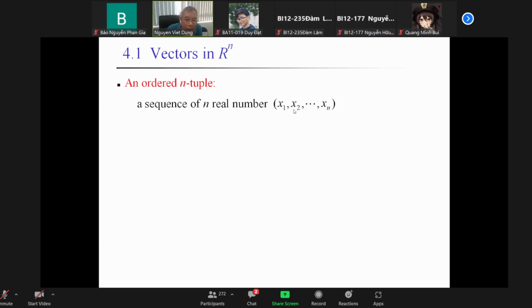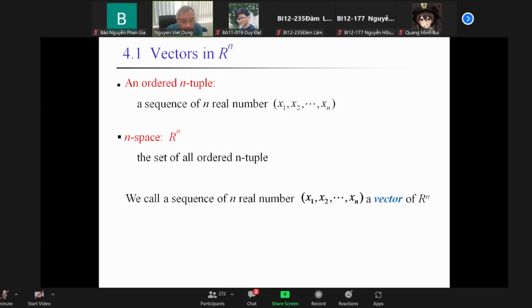If you exchange x1 here and x2 there, you get another sequence, so that is two different sequences. That is an ordered n-tuple. And the n space, I denote it A to the power n. That is the set of all ordered n-tuples, the set of all sequences of n real numbers like that.